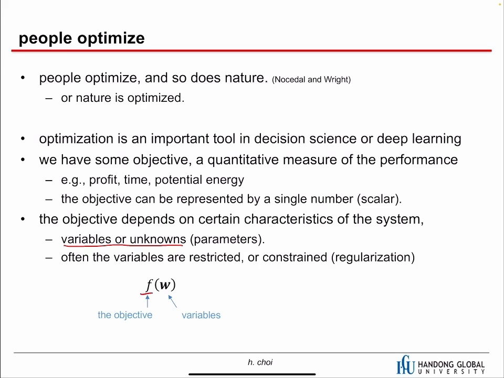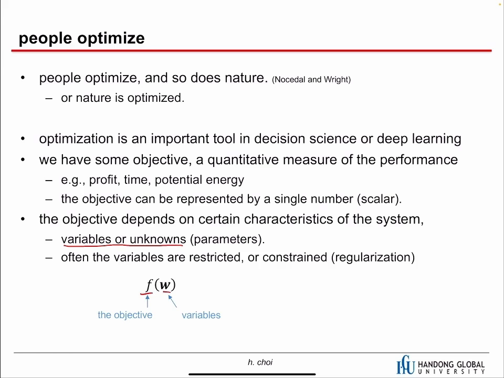Here is an objective function, and we have variables. Think about the neural network. We have lots of parameters, and with these parameters, we can classify or estimate some value. Then on top of this neural network, we can define the objective function like mean squared error or cross entropy.